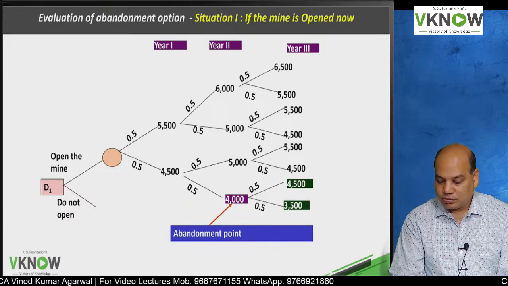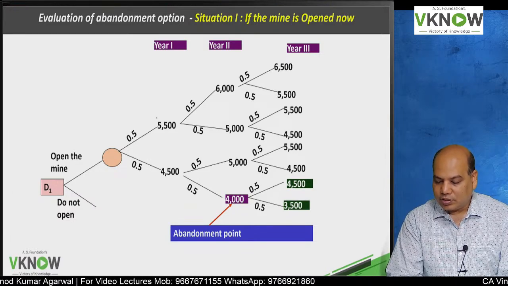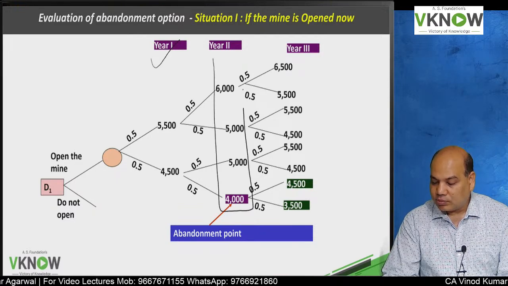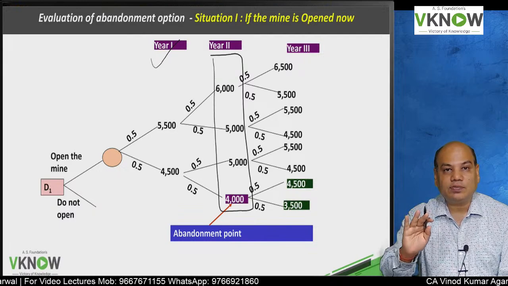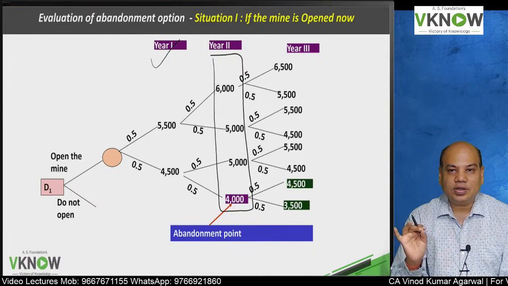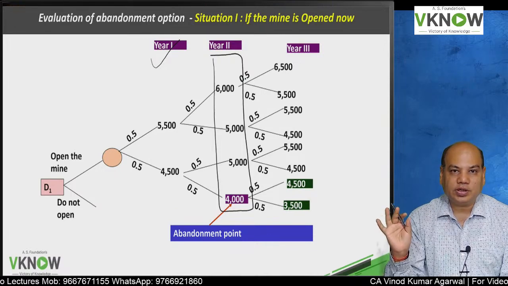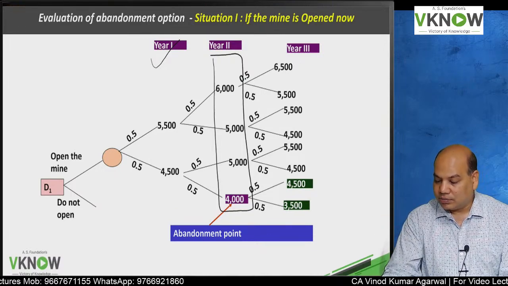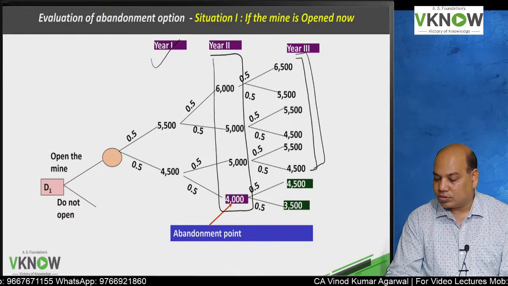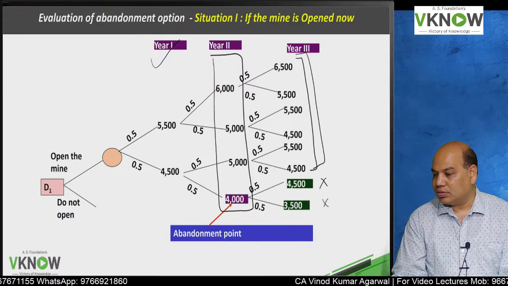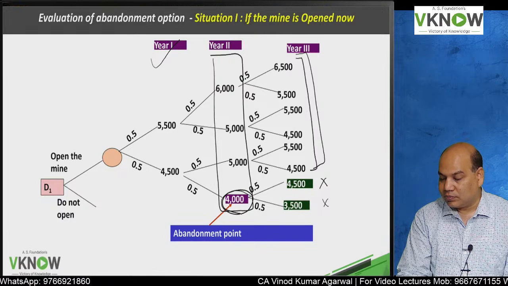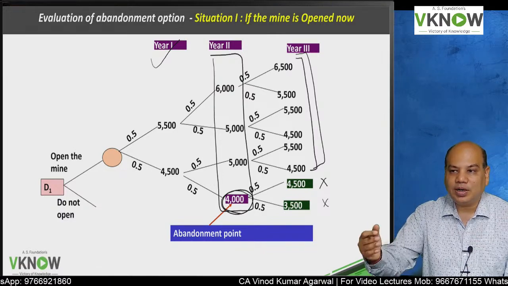Yes, very good. First year I will continue as it is. Second year up to this I am going to continue as it is. So year 1 and year 2 cash flow will not be affected. But in year 3 I will get only the first 6 cash flows. These two I will not get, because if I get 4,000 here, then I am going to abandon the project.